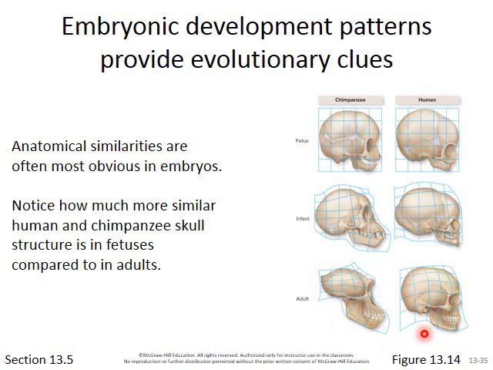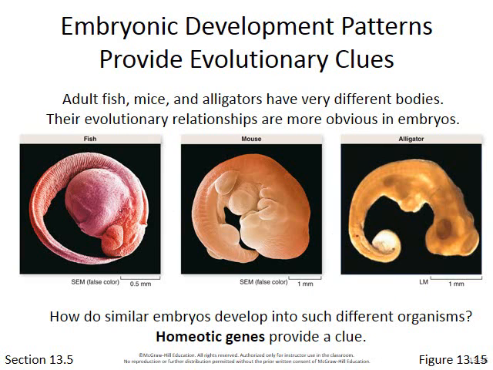As an adult, much different. And so the idea here is, as a fetus, these early developmental stages are older and more ingrained into the genes, and so this is why their similarities are seen much more as a fetus in an embryo.